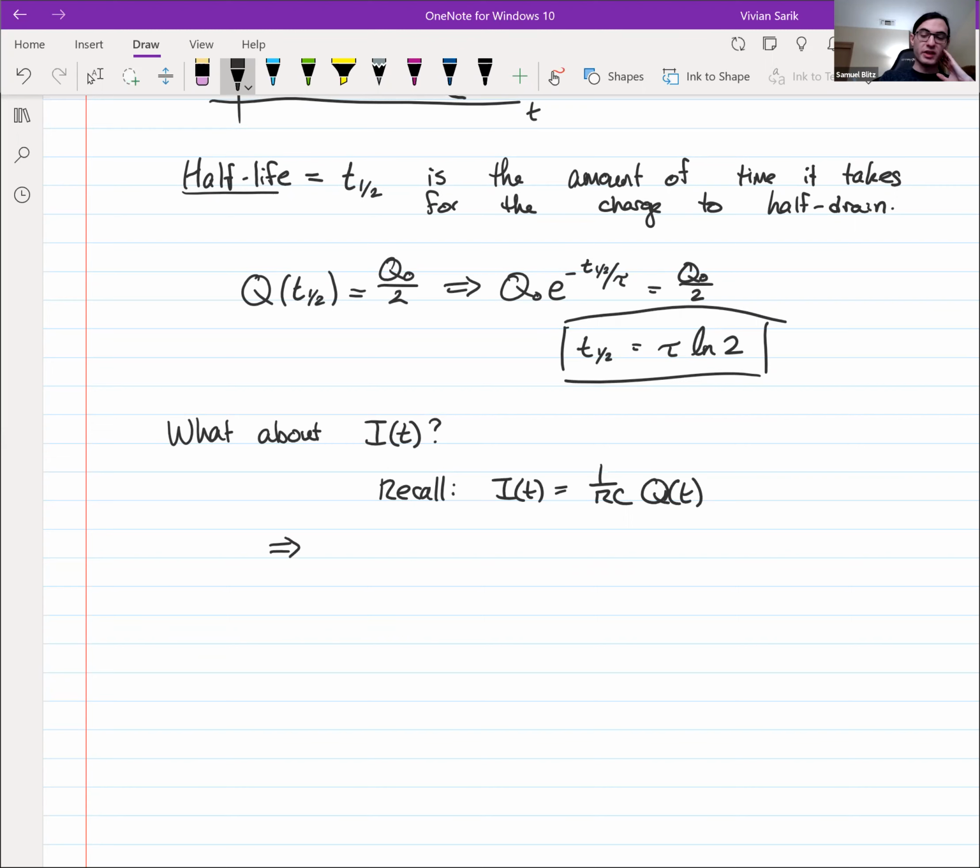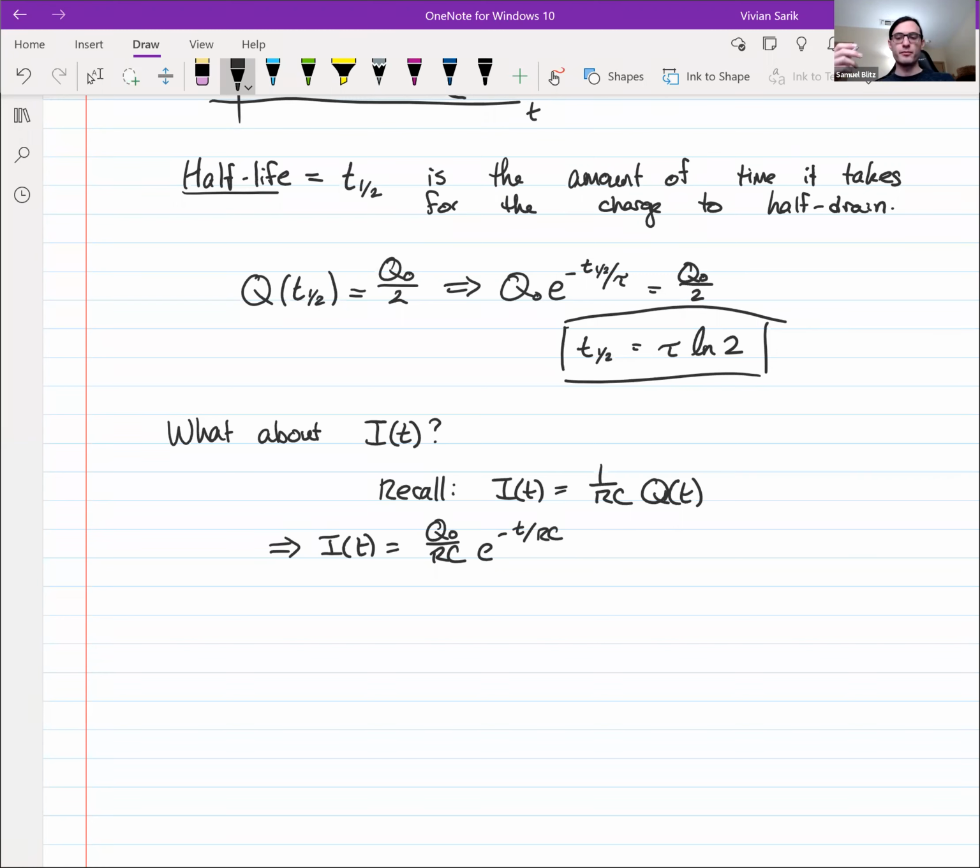So that gives us that the current as a function of time is Q naught divided by RC times e to the minus t over RC. I'm going to put t over RC just for consistency. Great. So this is technically fine, but it's useful to write this in a slightly different way.